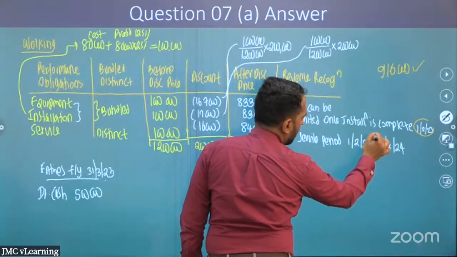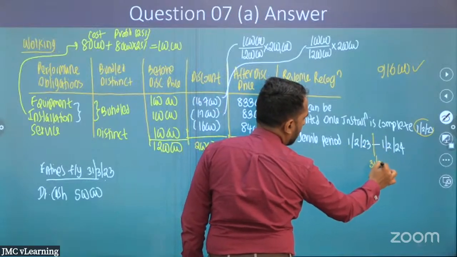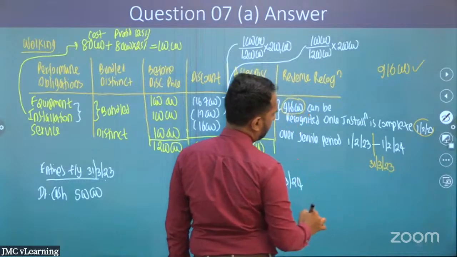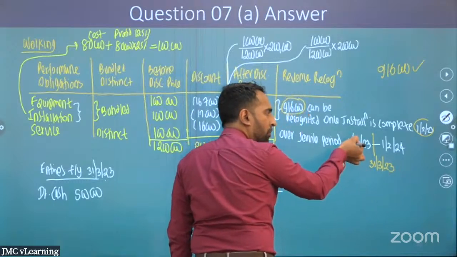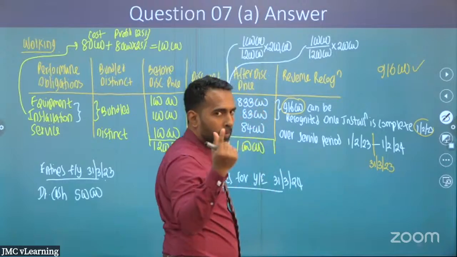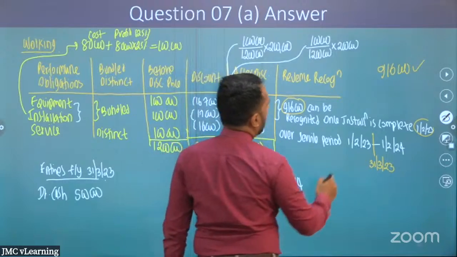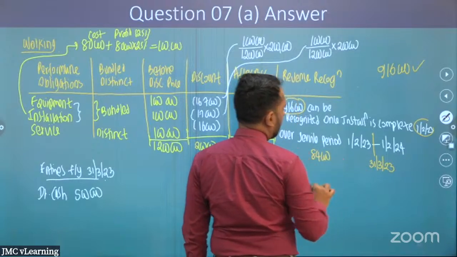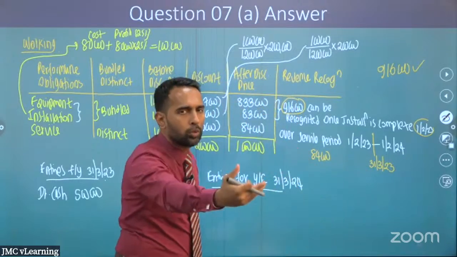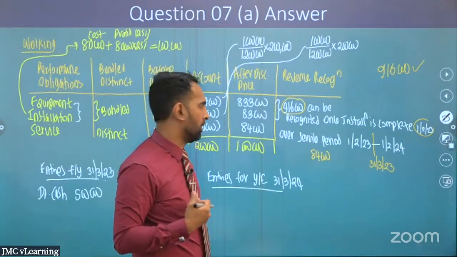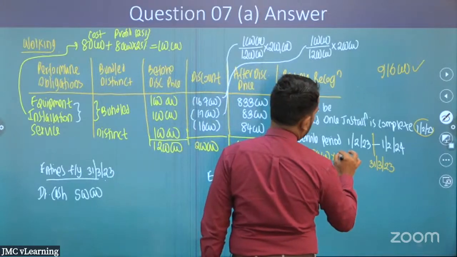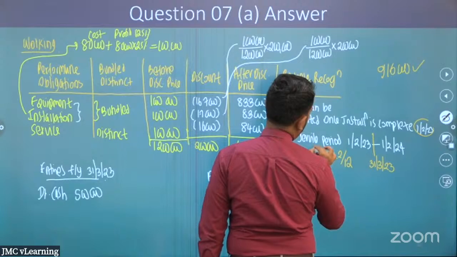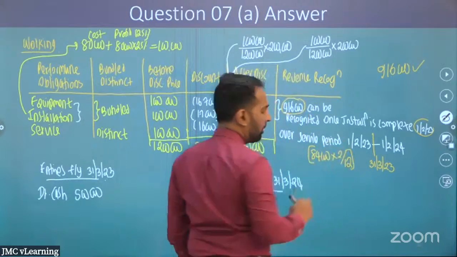Our financial year ends on 31st of March 2023. From 1st of February to 31st of March, there are 2 months, no? Out of the 84,000, 2 months is relevant to financial year 2023. 2 divided by 12. That is relevant for our financial year.